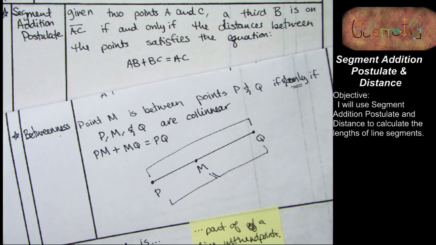Where the segment addition postulate says, hey, if I've got 2 points and we've got some other point, I don't know where it is, but if I could somehow make it so that these measurements all did what we asked them to do.